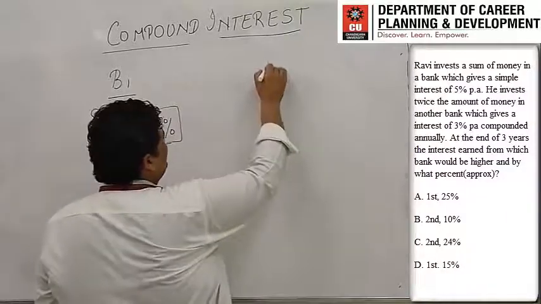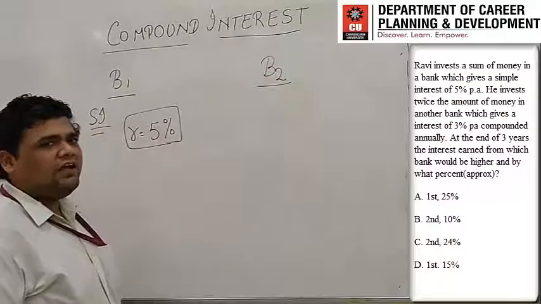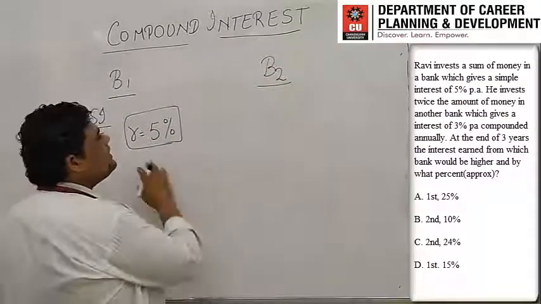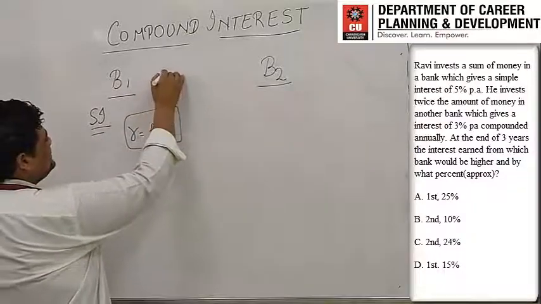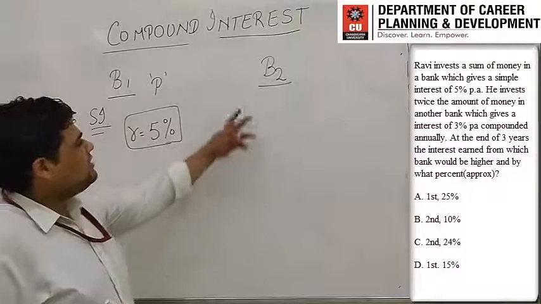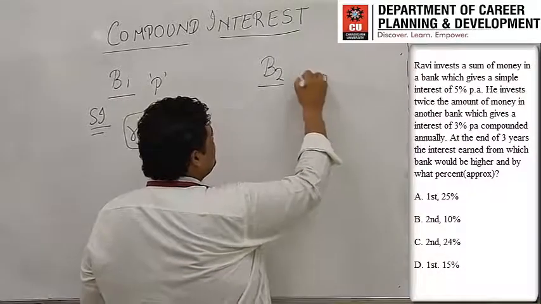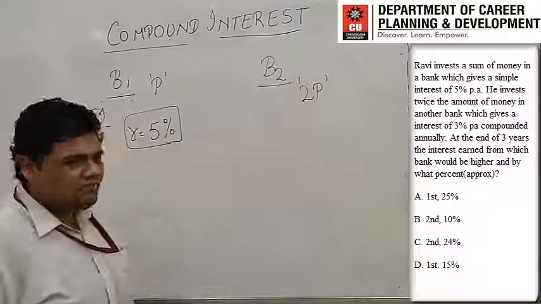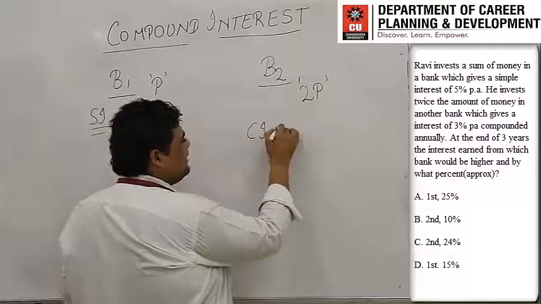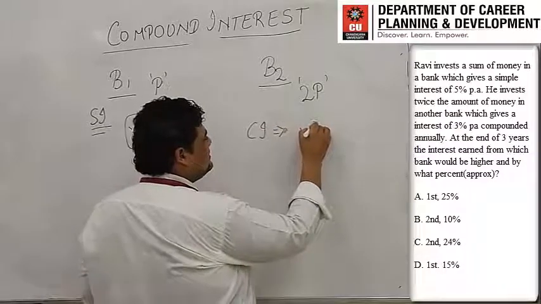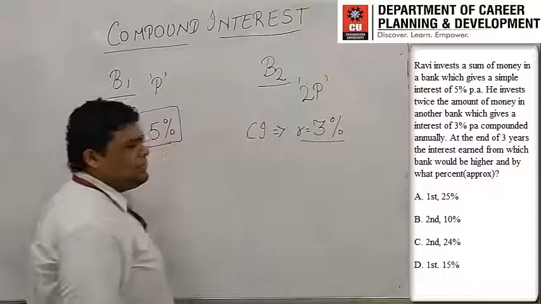Now, in the second bank, Ravi invested double the amount invested in bank one. Let the principal invested here be P. Then the amount invested in bank second is 2P, invested at CI, and here the rate is 3%.